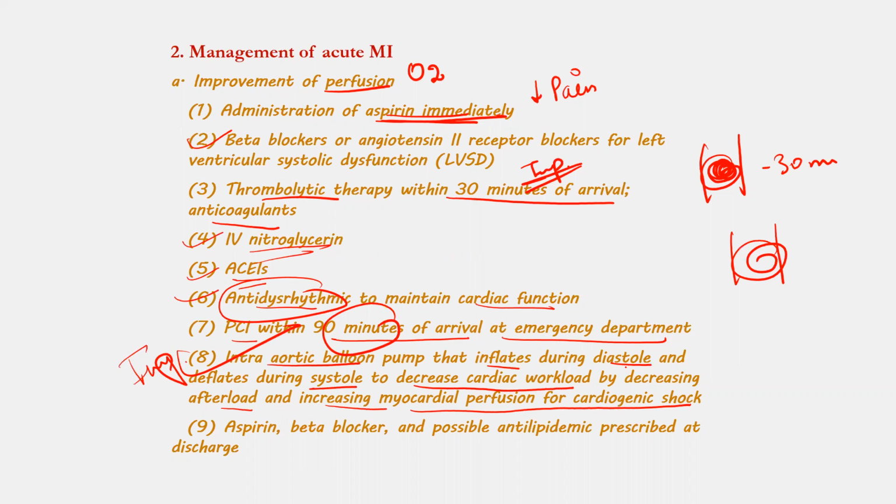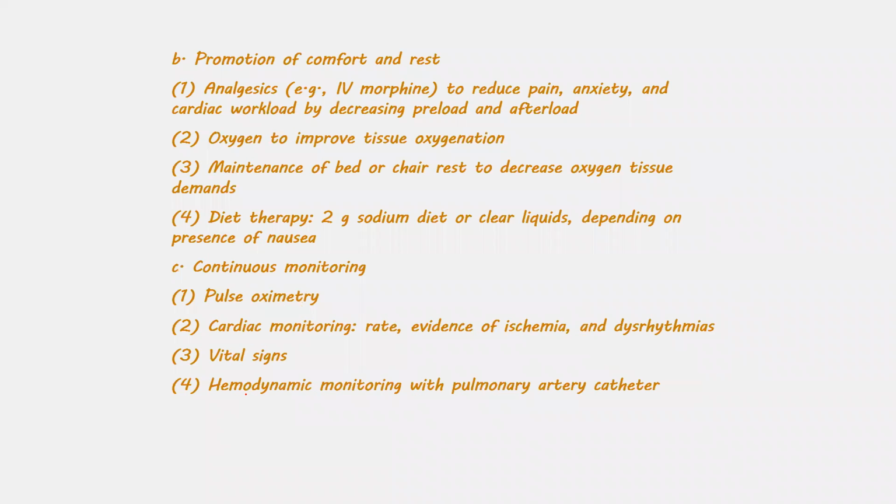So during diastole, when the heart has pumped out the blood, this balloon inflates, and it deflates when systole occurs, which is when the blood comes in the heart. So this is done to decrease the cardiac workload by decreasing the afterload and increasing myocardial perfusion. Aspirin, beta blocker, and possibly an antilipidemic may be prescribed at discharge.